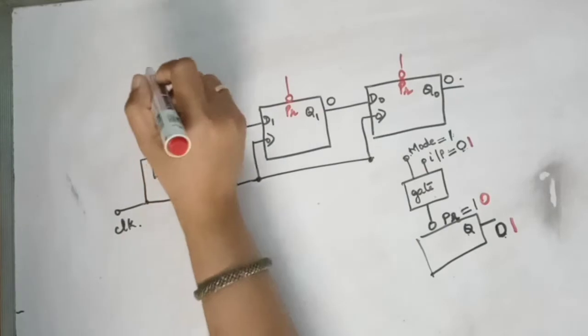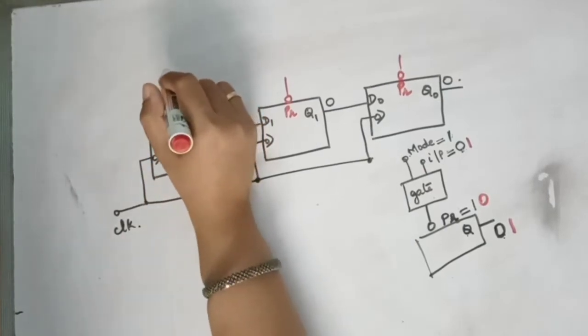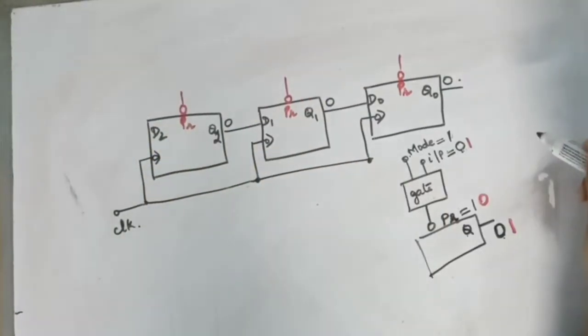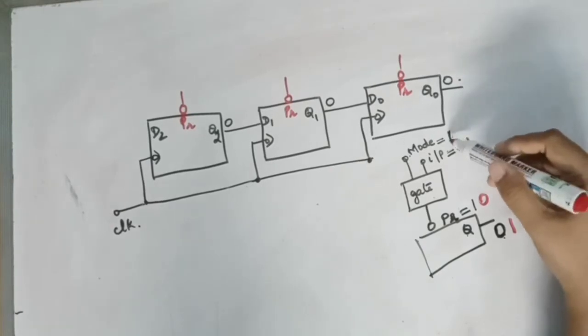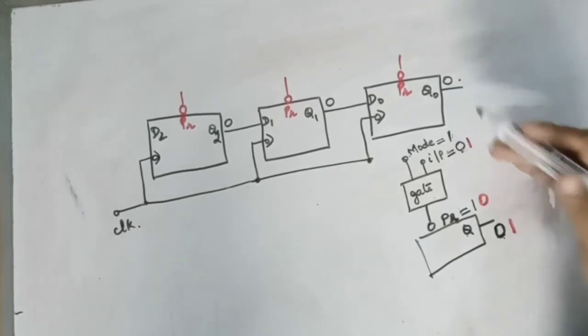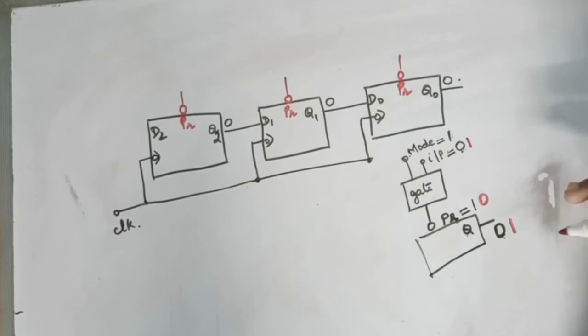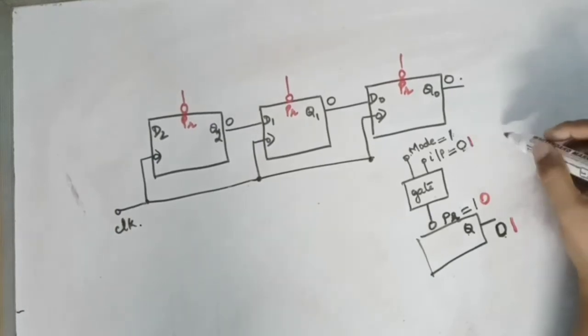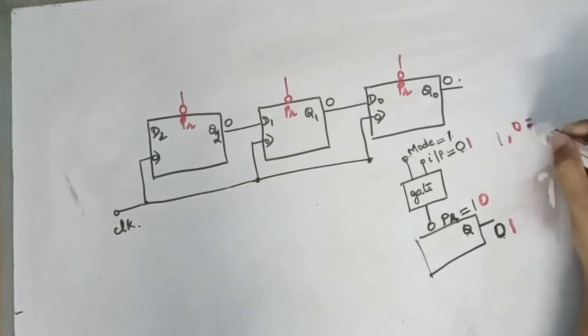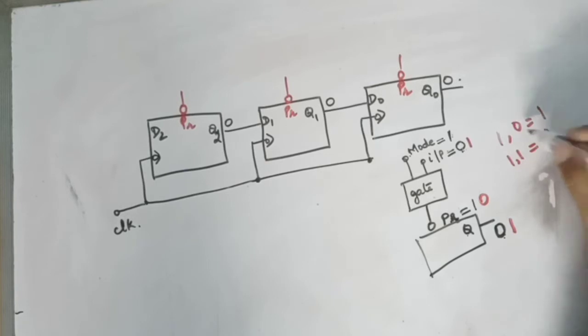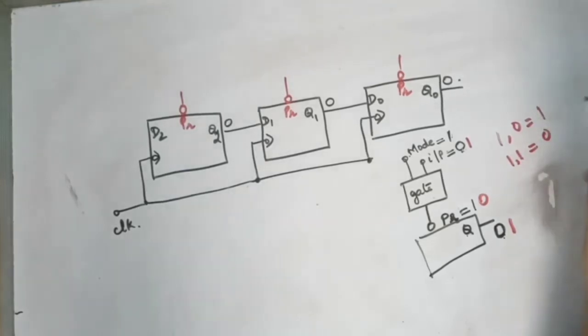If I say 1 0 gives 1 and 1 1 gives 0, then you'll be thinking about the XOR gate. But it's not the XOR gate.